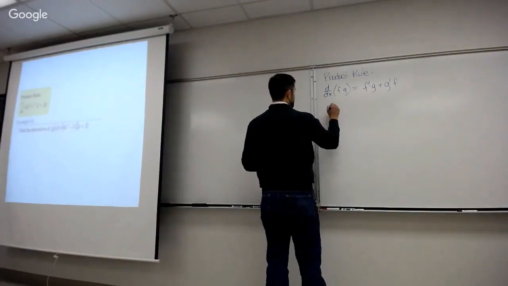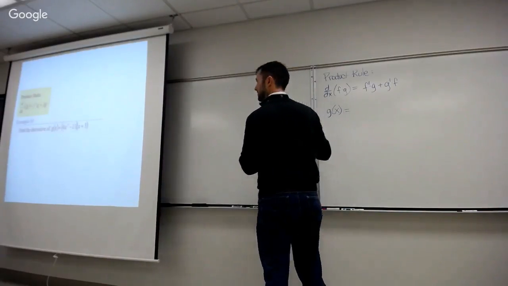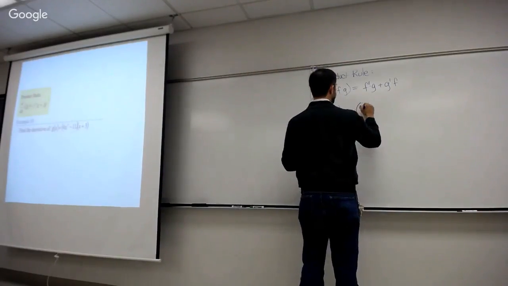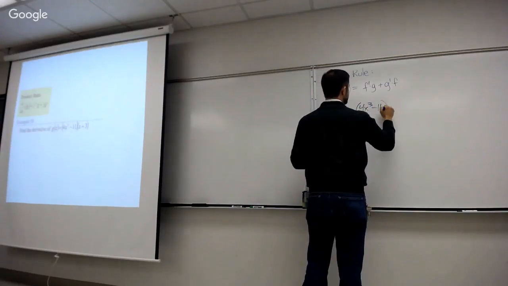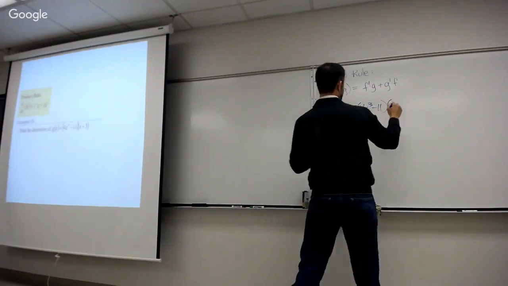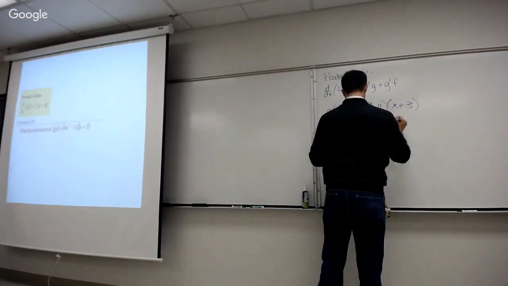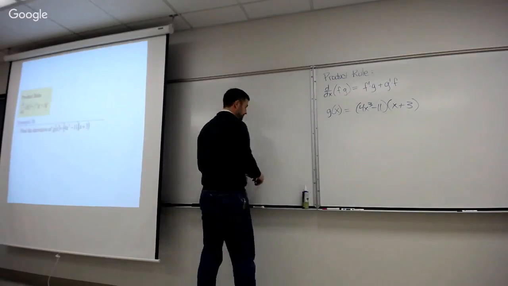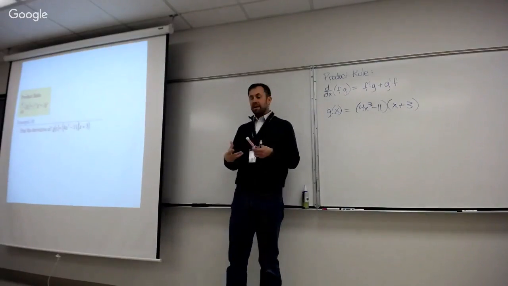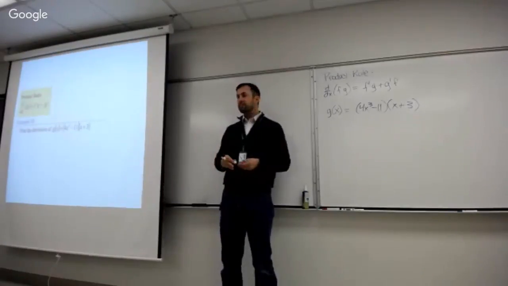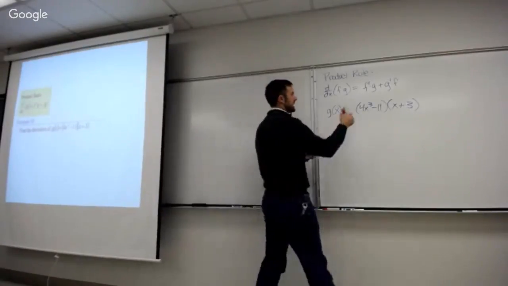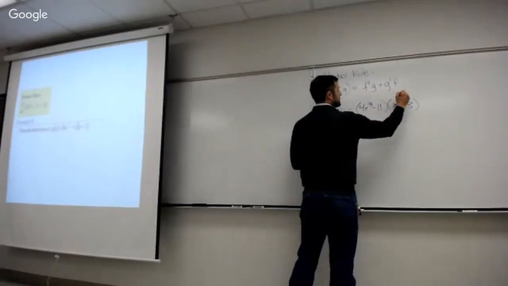So here's our example. g of x is equal to 4x cubed minus 11 times x plus 3. Honestly, it doesn't really matter which one is f and which one is g. I can go ahead and label it: this one will be f, and this one will be g.